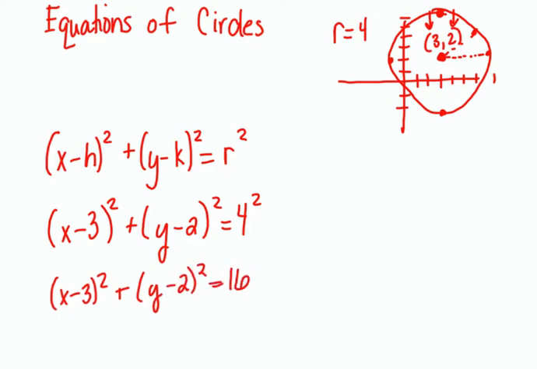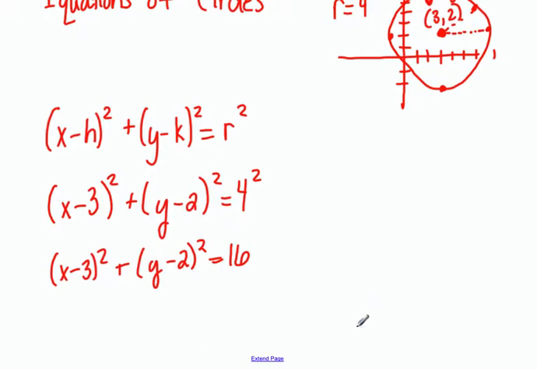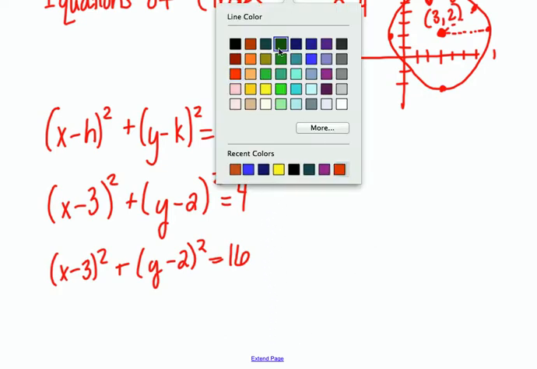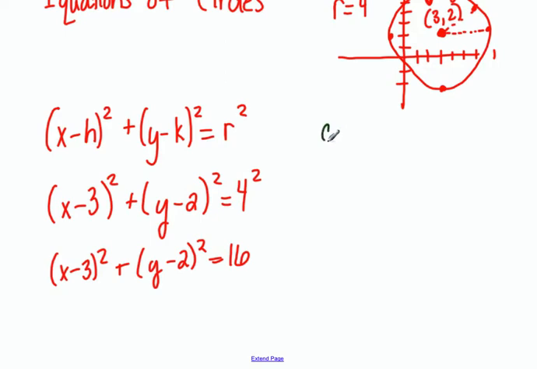Does that make sense? That's the equation of that circle. So what does that all mean? Well, it means that the center of your circle is your h and k, and that your radius equals r. Yes?